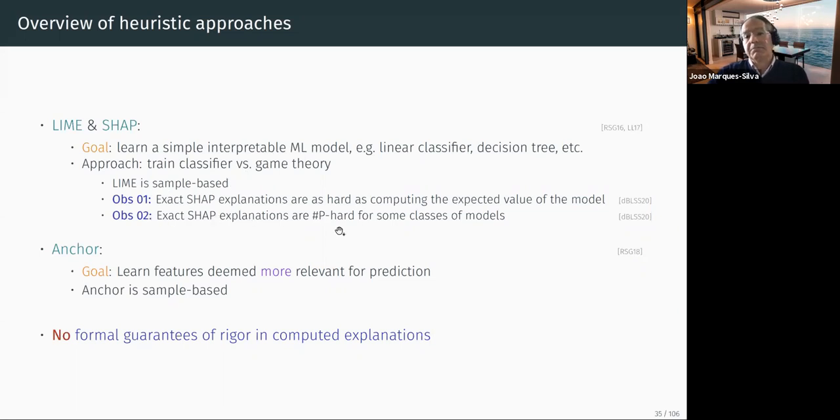SHAP, if you want to be exact, depending on the model, can be #P-hard. So if you want to be rigorous with SHAP, it's going to be much harder than what I showed before. And Anchor is slightly different. Instead of learning an interpretable model, it just learns the features that can be considered the most relevant for the prediction. And again, Anchor is also sample-based. So none of these tools offers any guarantee of rigor in the computed explanations, okay?